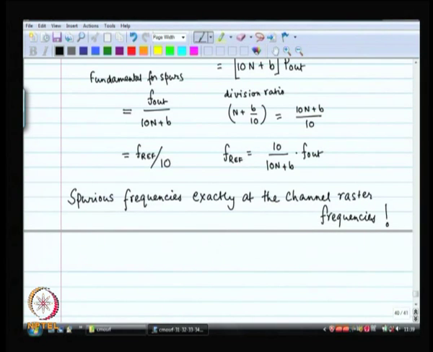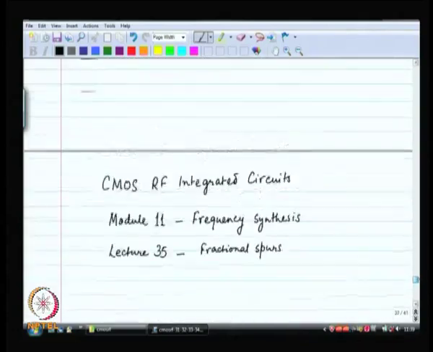So, whether you are building an integer n synthesizer or this kind of a fractional n synthesizer, you have got spurious frequencies and these spurious frequencies are precisely at the same frequencies in both cases, right.